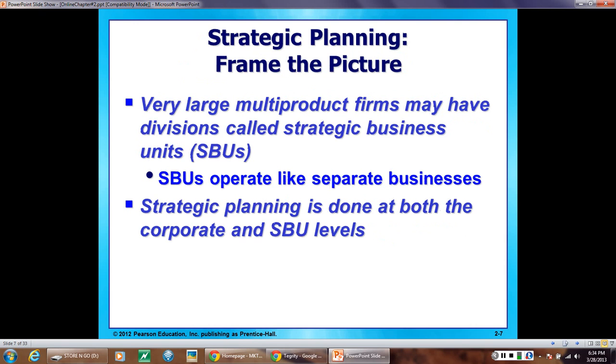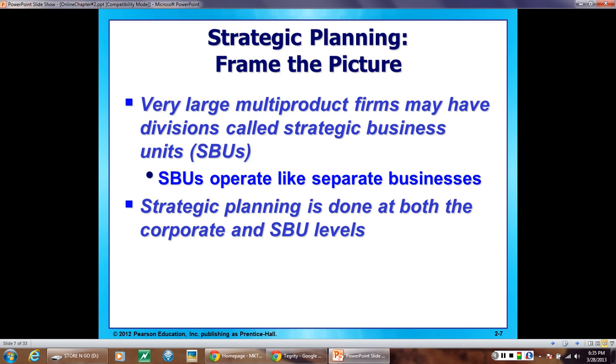Okay, strategic planning, we defined it as multi-product groups may very well have something called SBUs, Strategic Business Units. If we may take Wright State University as an example, although obviously we aren't producing products per se, you might consider that our strategic business units are College of Nursing, College of Engineering, the Medical School, the College of Business, Education, so on, so on, so on, Liberal Arts, Math, and Science.